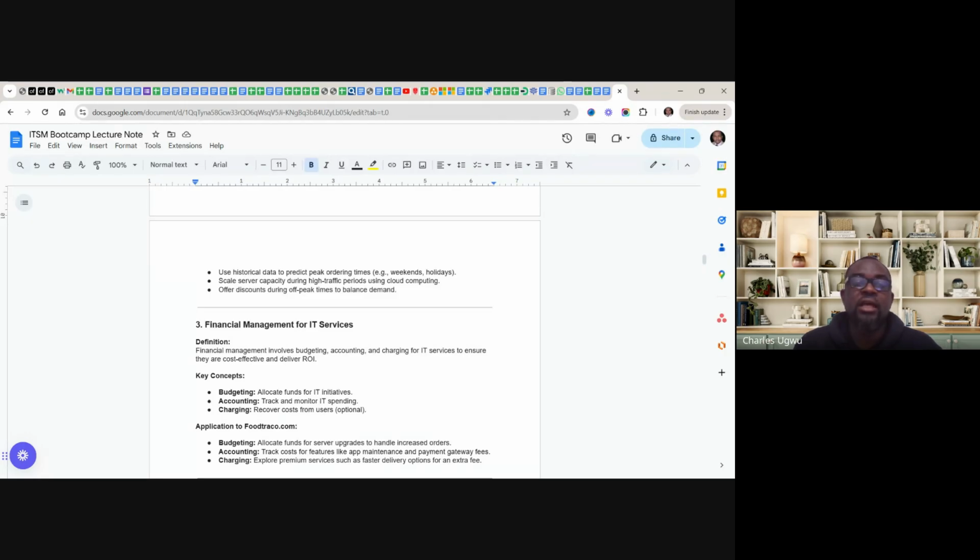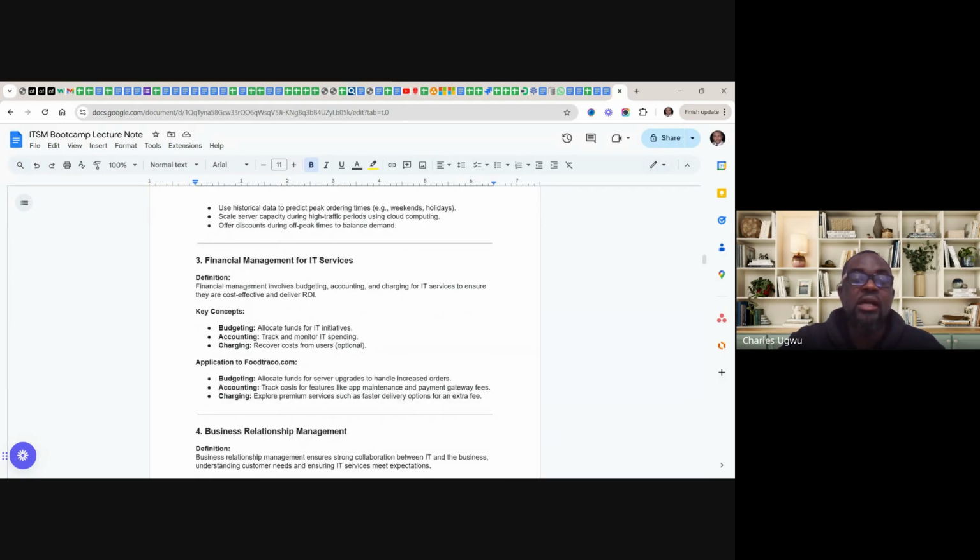So the main thing here is to make sure there is good budgeting for your IT initiative and monitor spending. This one is purely accounting. Applying it to Food Tracker, allocate funds for server upgrade to handle increased orders.